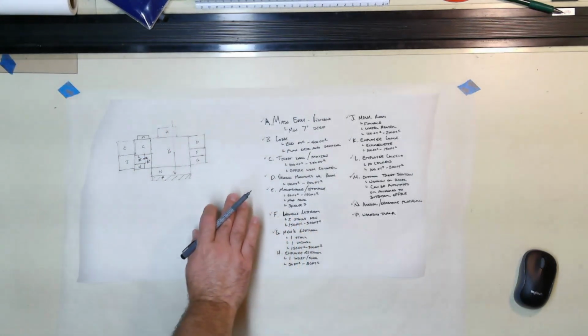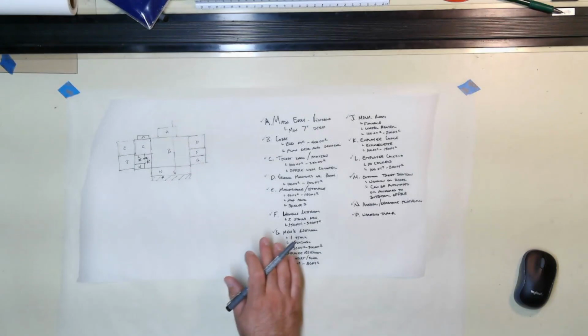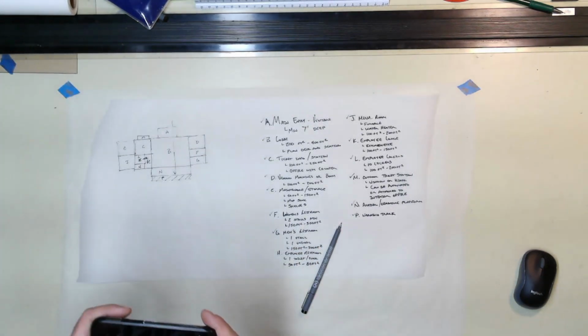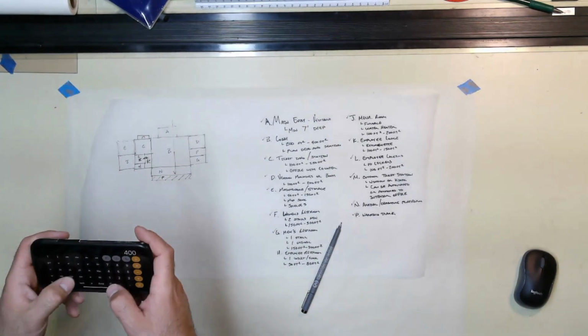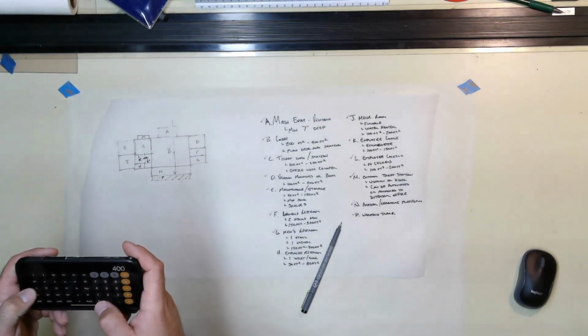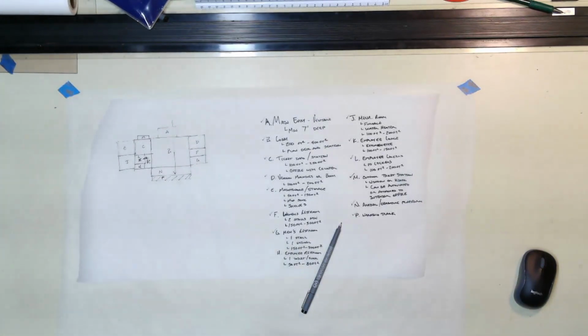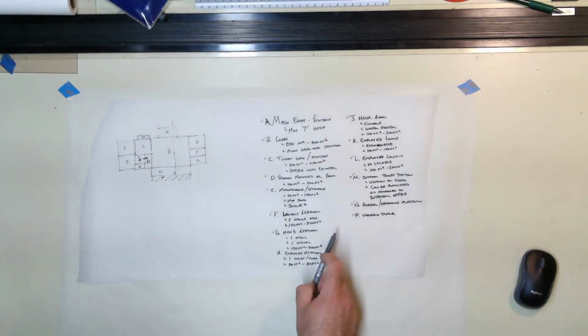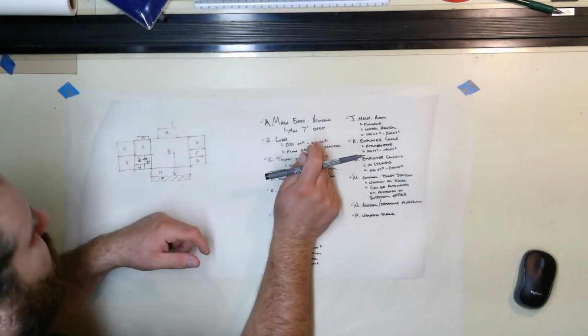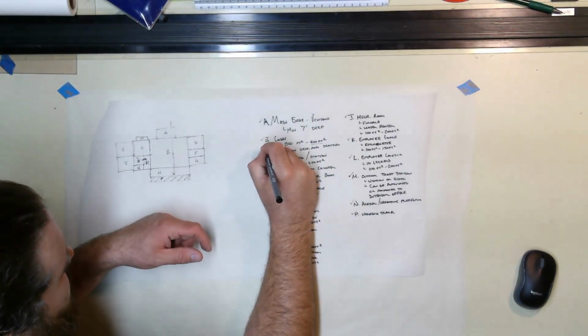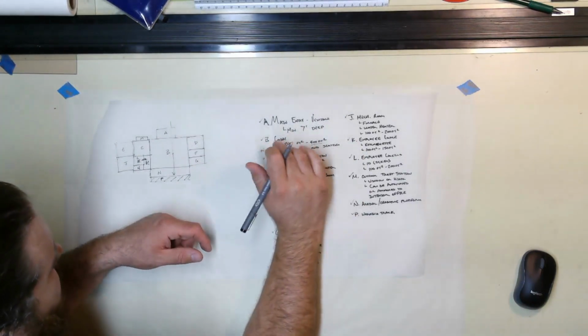So what I'm going to do is take the square root of 400. So it's a pretty easy one. 20. It's 20 times 20. So if we want to stay with that 400, this is going to end up being 20 foot by 20 foot, or thereof.